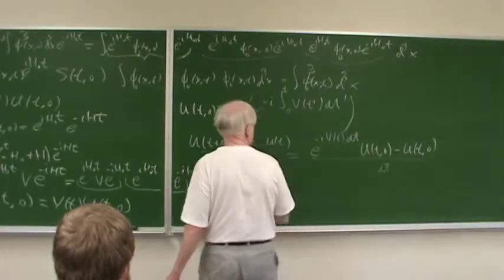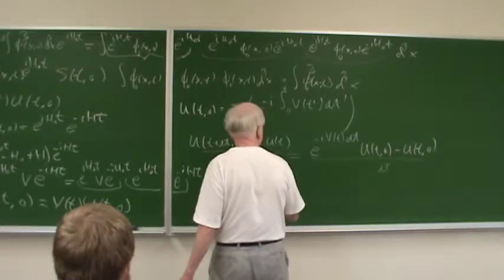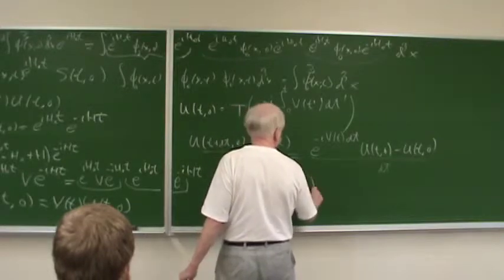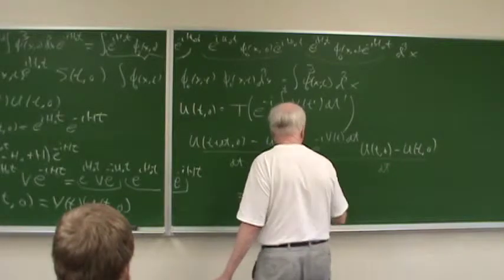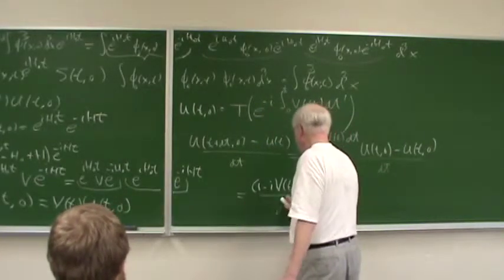And so you expand this and you get 1 minus i V(t) dt times u minus u over dt.